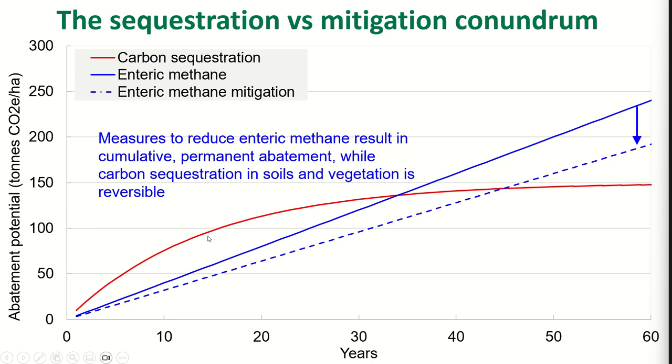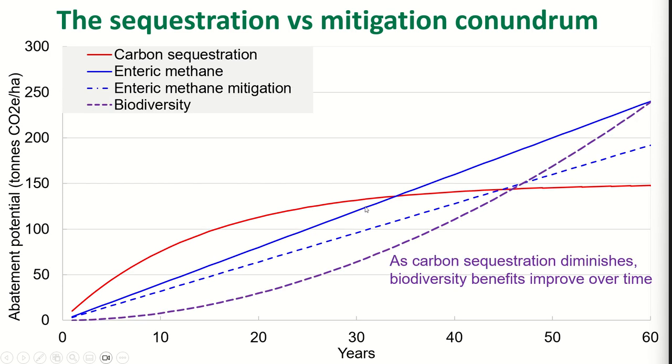So it's plausible that we should be valuing reduction of nitrous oxide or avoidance of enteric methane in a different way to what we do for carbon sequestered in trees. That said, there are a whole bunch of nature-based benefits associated with planting trees, much wider than carbon.